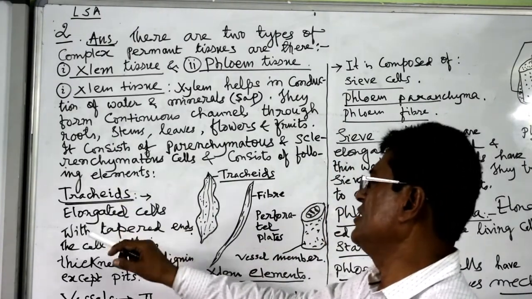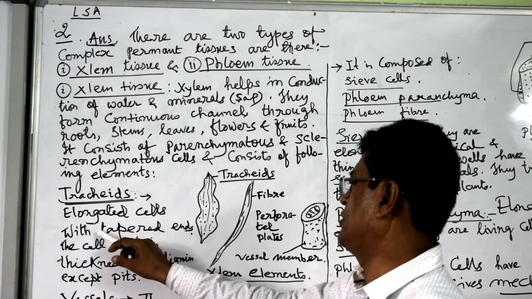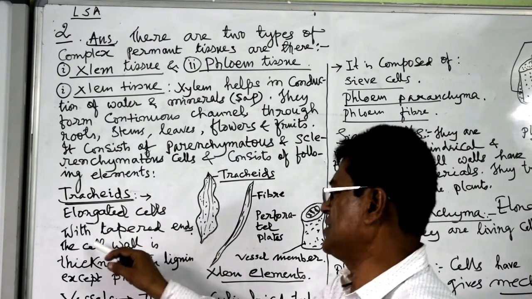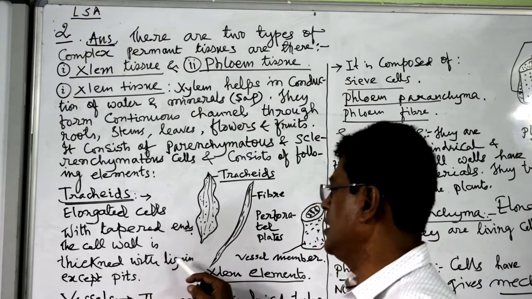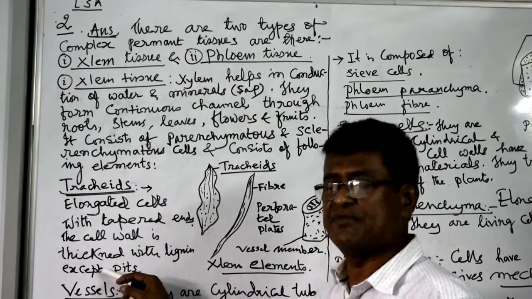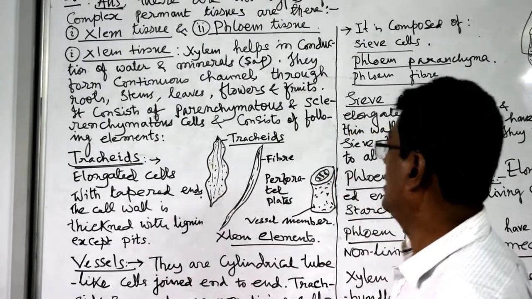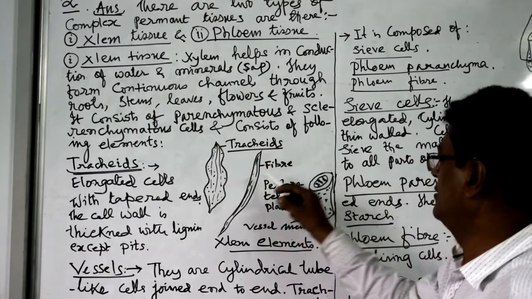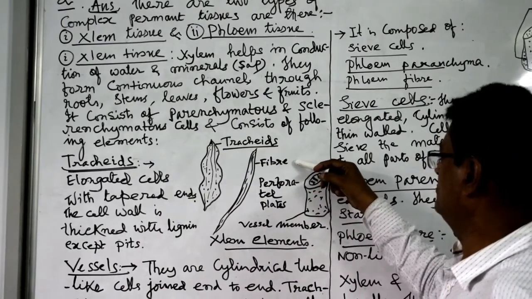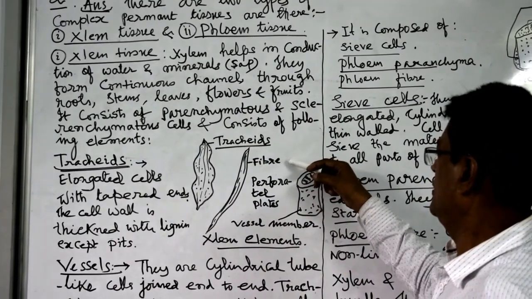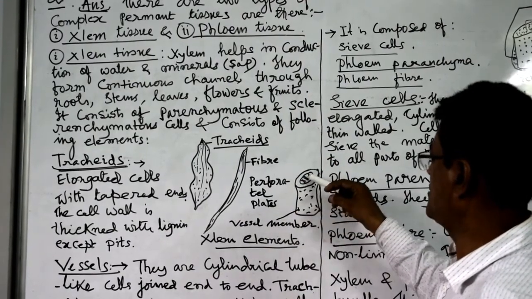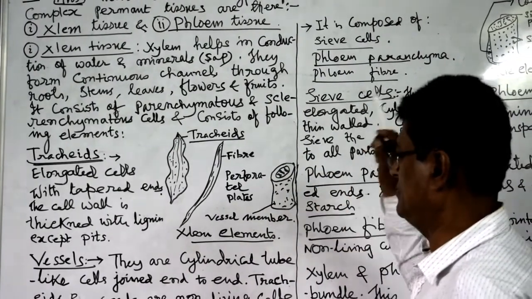The tracheids are elongated cells with tapered ends. The cell wall is thickened with lignin except at the pits. This is the diagram of the tracheid, this is the fiber, and here is the vessel membrane.